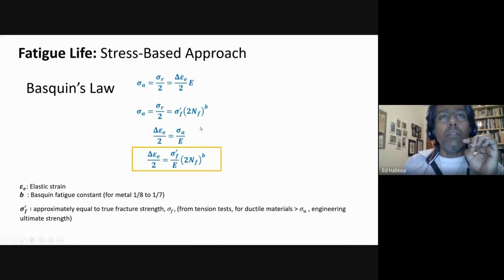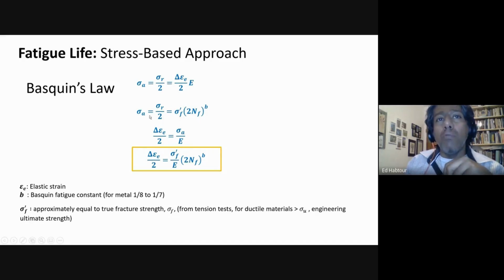This is the Basquin law, which is really your range stress, which can be expressed as an elastic strain times your elastic modulus, and from that we can substitute the stress that we calculated in the previous slide in this power form.